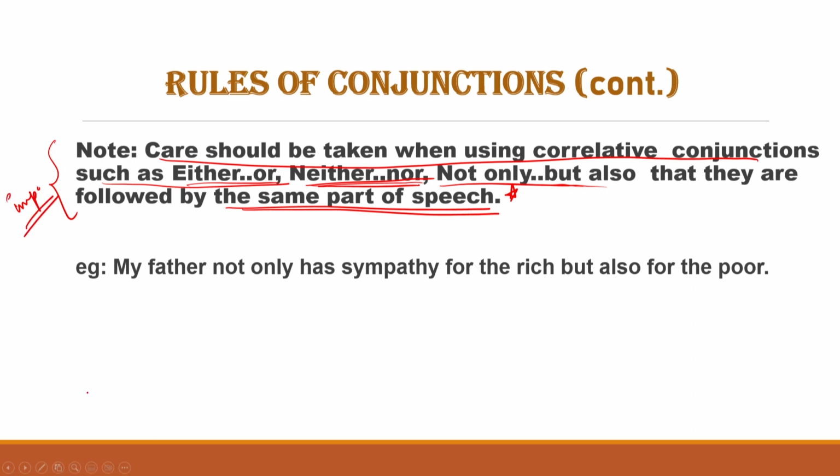Now let us understand it with the help of an example. My father not only has sympathy for the rich but also for the poor. So as you can see in the above sentence, not only is followed by a verb, whereas but also is followed by a preposition.